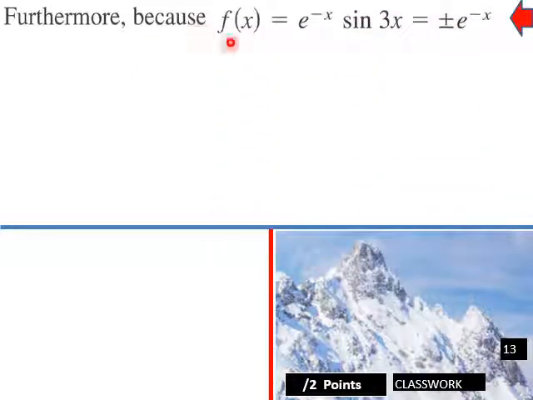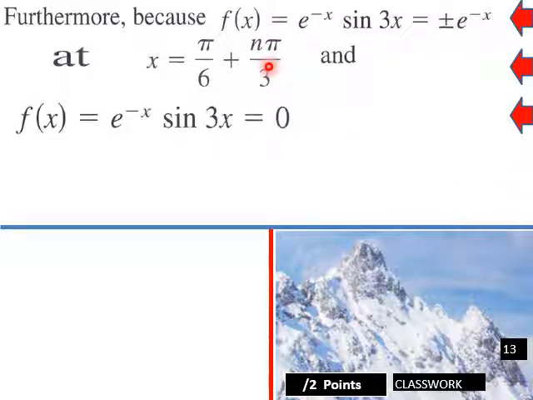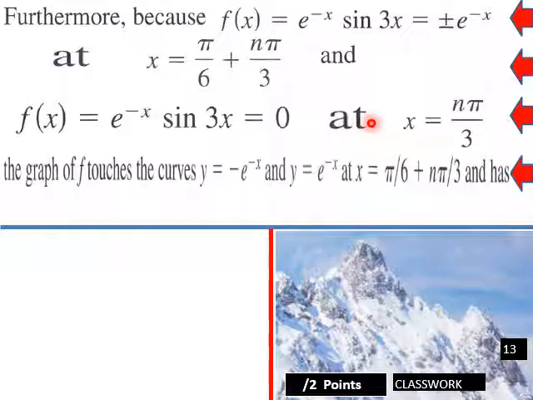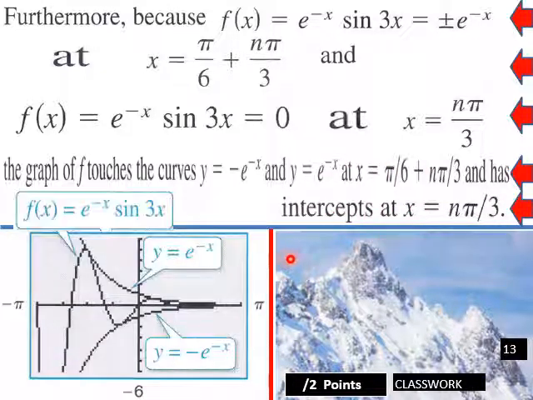Furthermore, f of x equals e to the negative x sine 3x equals plus or minus e to the negative x at x equals pi over 6 plus n pi over 3, and f of x equals 0 at x equals n pi over 3. The graph of f touches the curves y equals negative e to the negative x and y equals e to the negative x at x equals pi over 6 plus n pi over 3, and has x-intercepts at x equals n pi over 3.